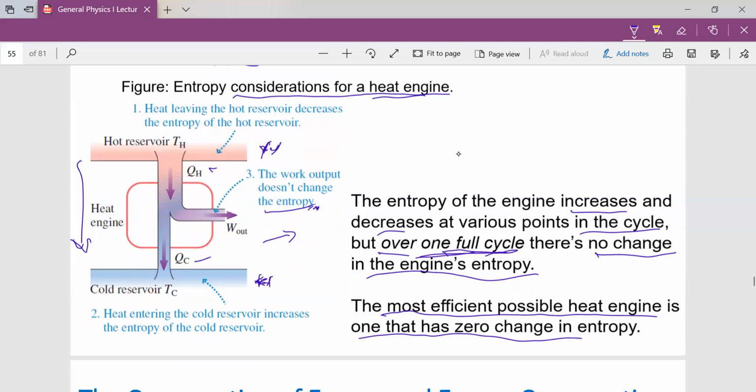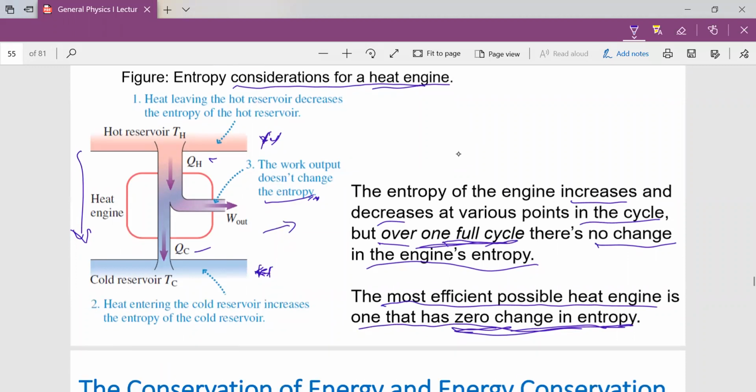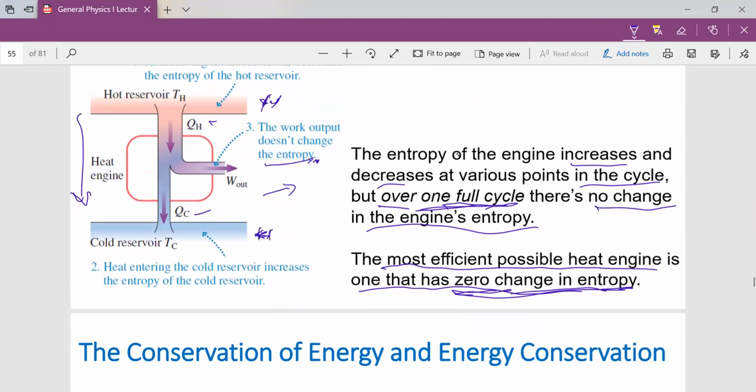So the most efficient possible heat engine is one that has zero change in entropy. You design it such that, because change in entropy is going to cause a loss, releasing heat, losing heat in forms of thermal energy. So such that you can have an unchanging total of entropy.